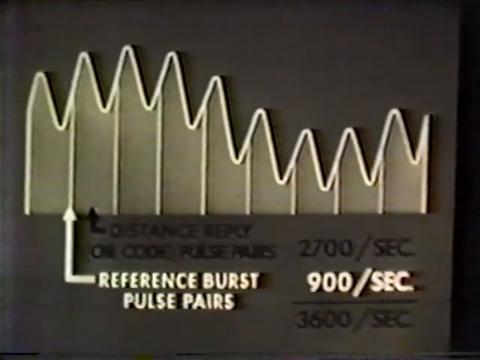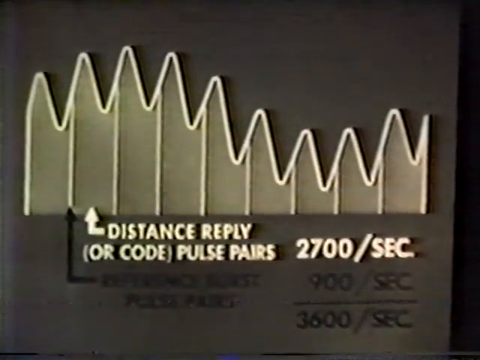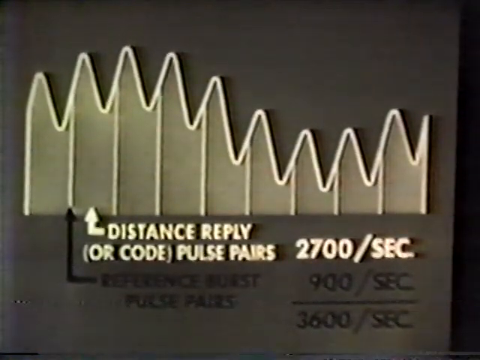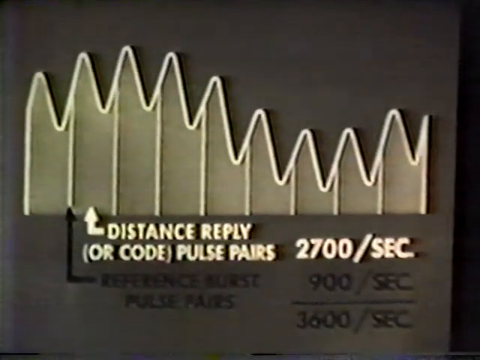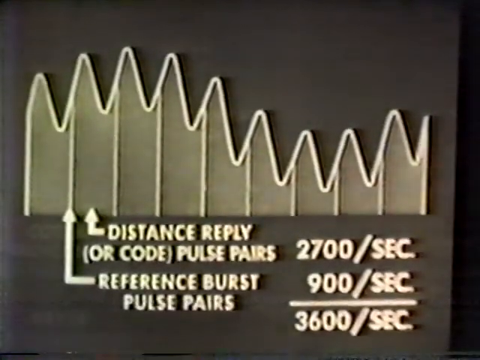When the antenna rotates, the transmitter output is amplitude modulated and produces a pattern which gives this appearance on an oscilloscope. There are 900 reference burst pulse pairs per second, and there are 2,700 distance response or Morse code pulse pairs per second, for a combined total of 3,600 pulse pairs per second.